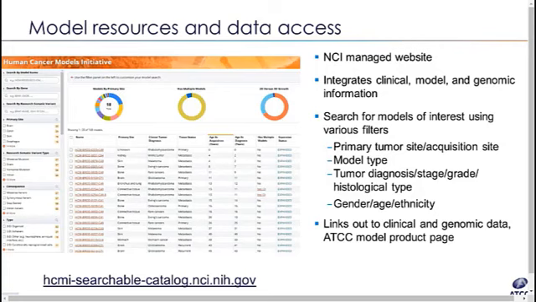You can search for the models of interest based on a number of filters, such as primary tumor site, model type, diagnosis, stage, grade, histological type, as well as gender, age, and ethnicity. One thing to emphasize is that this links directly to the ATCC product page where the models can be purchased. So if you go to this catalog and narrow your search until you find the model you want, you can be directed to its location on ATCC's website for purchase.